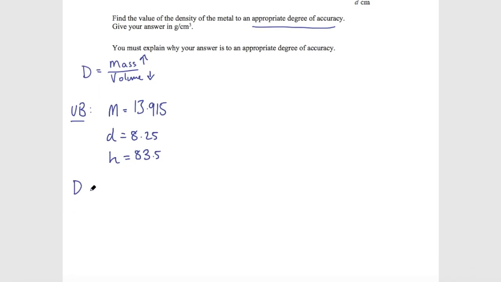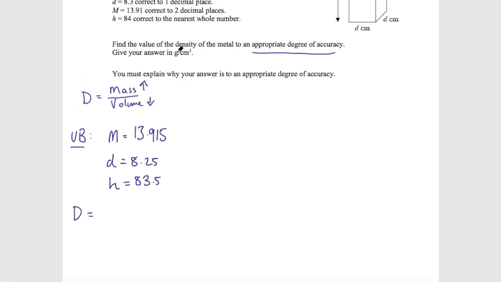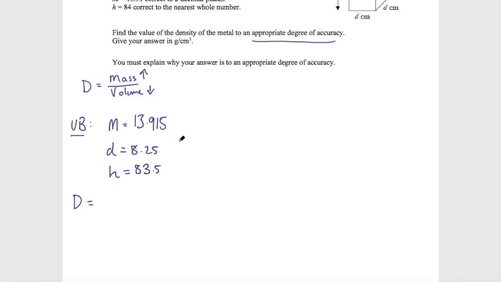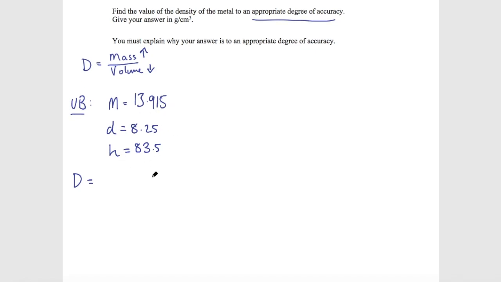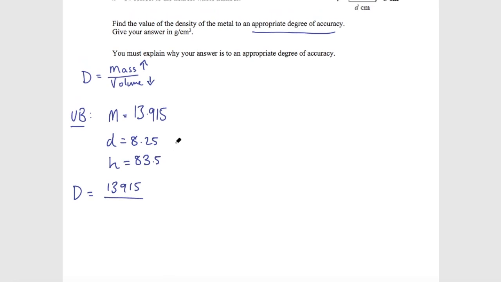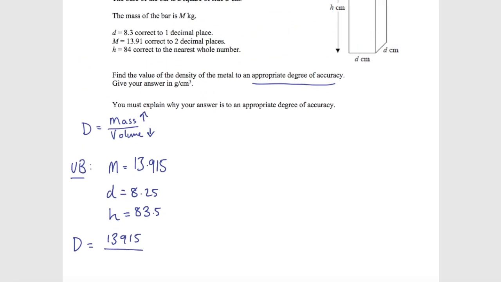To work out the upper bound of the density, I can do the mass, and they want it in grams, so we need to convert this to grams. All we need to do is multiply that by 1000. So that's going to be 13,915 divided by the volume, which is the area of the square times the height.